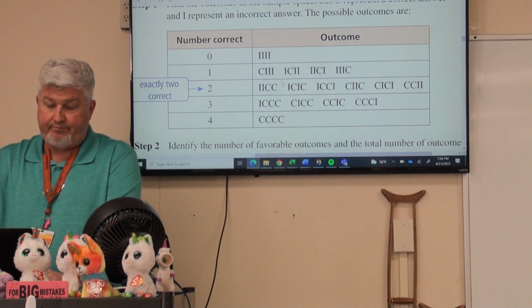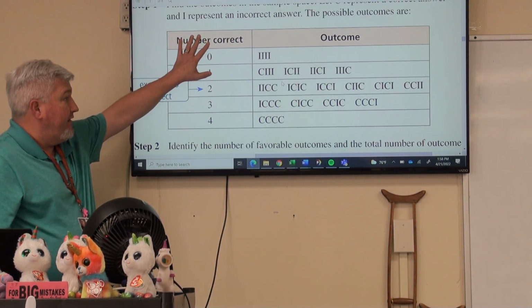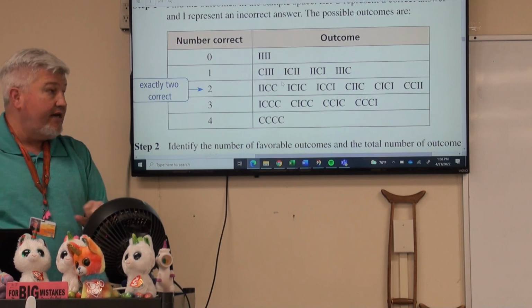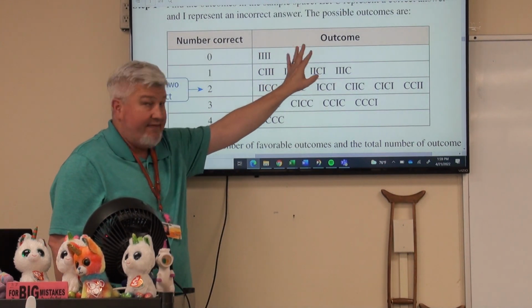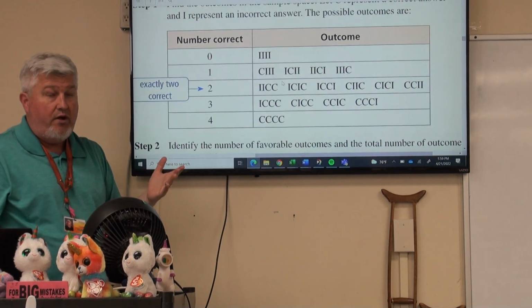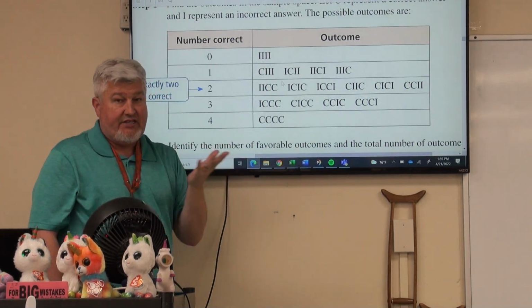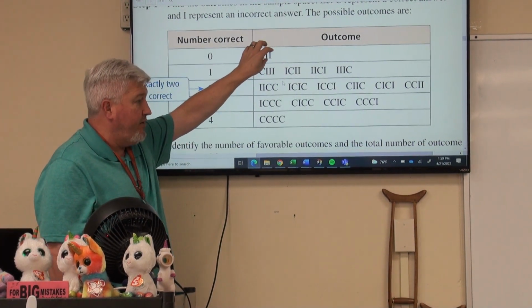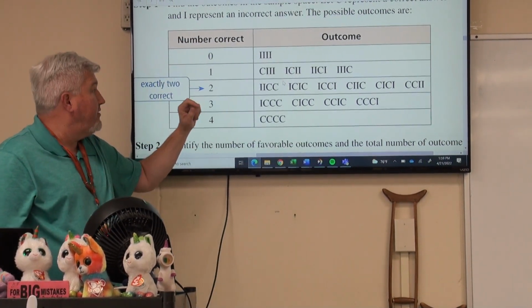Here's this table. In the left column is the total number of answers that he got correct guessing, and then the outcome would look like this as possibilities. So clearly if he got a 0, that means he got all 4 questions incorrect. That's what the I stands for, 4 I's. One outcome is that he got none right.